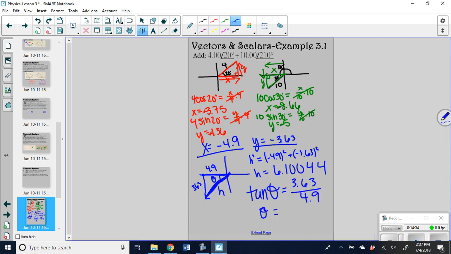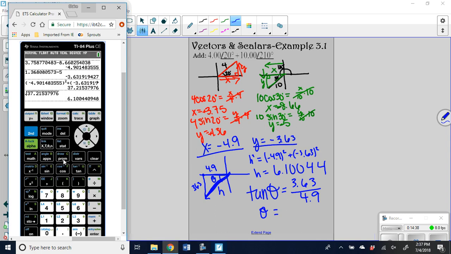So the angle that we get when you use your calculator, you're going to do tangent inverse of this number, but we don't want it to be negative. So take out the negative. And then divided by the 4.9 number. But we don't want it to be negative either. So we need to delete the negative. So that'll give you 36.54.